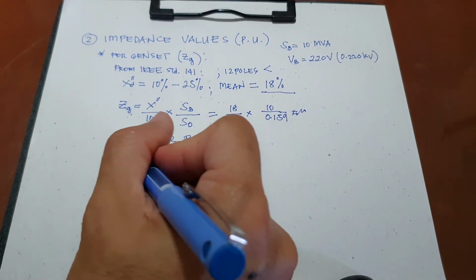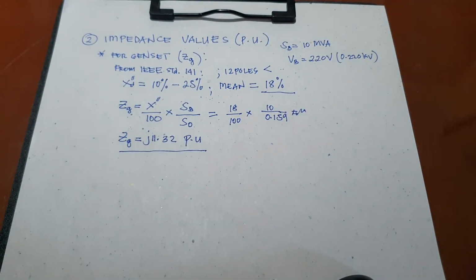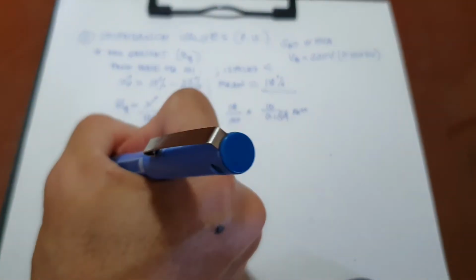Okay, so this is the impedance ZG for the generator.